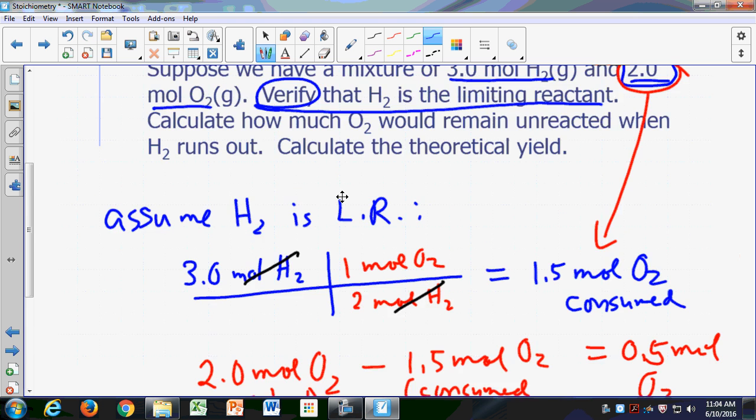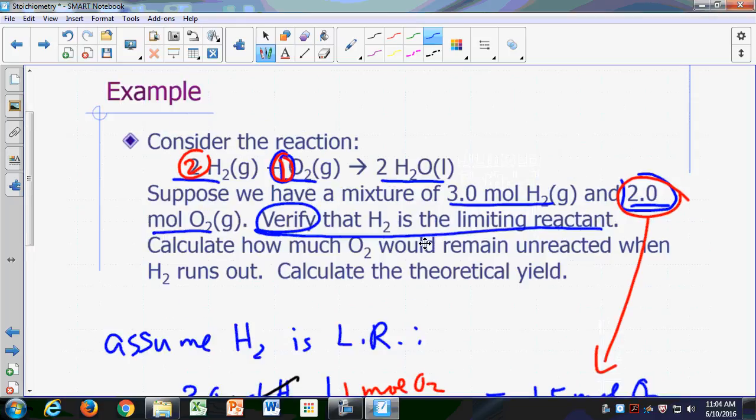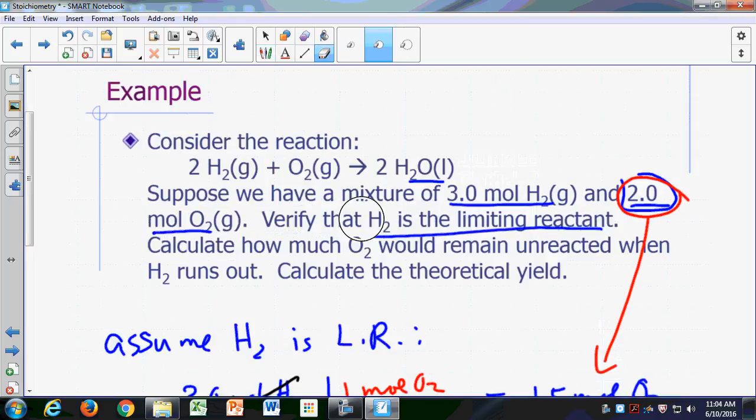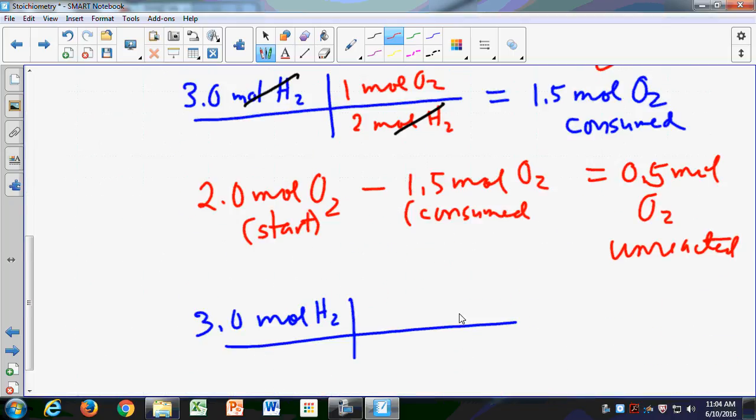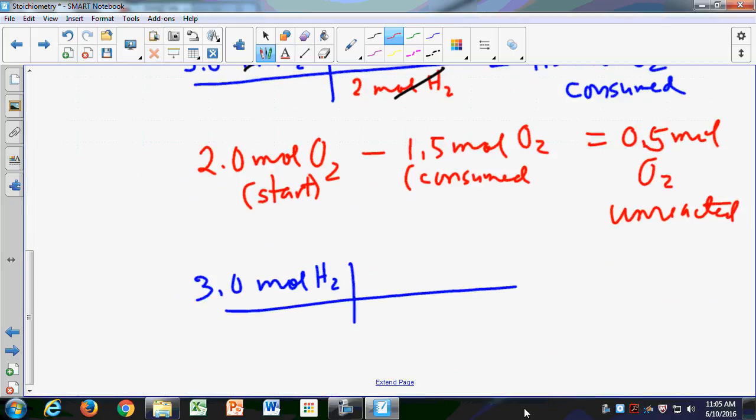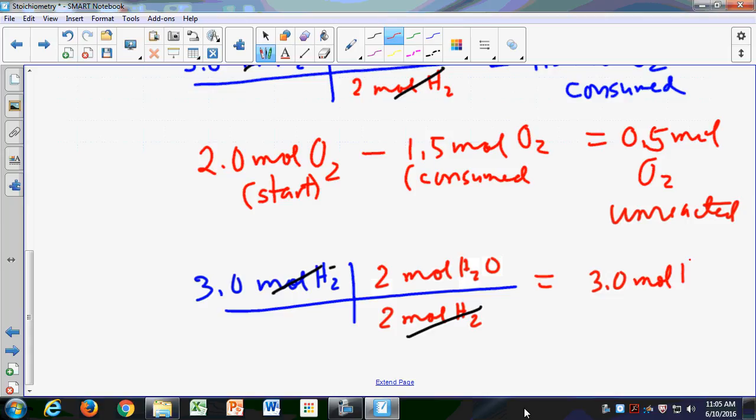So according to this, the mole to mole ratio for H2 and water is 2:2 or 1:1. So now whatever moles of H2 you have, that's going to be the moles of water. So 2 moles of H2O over 2 moles of H2. Okay. And that tells you your theoretical yield is 3 moles of H2O.